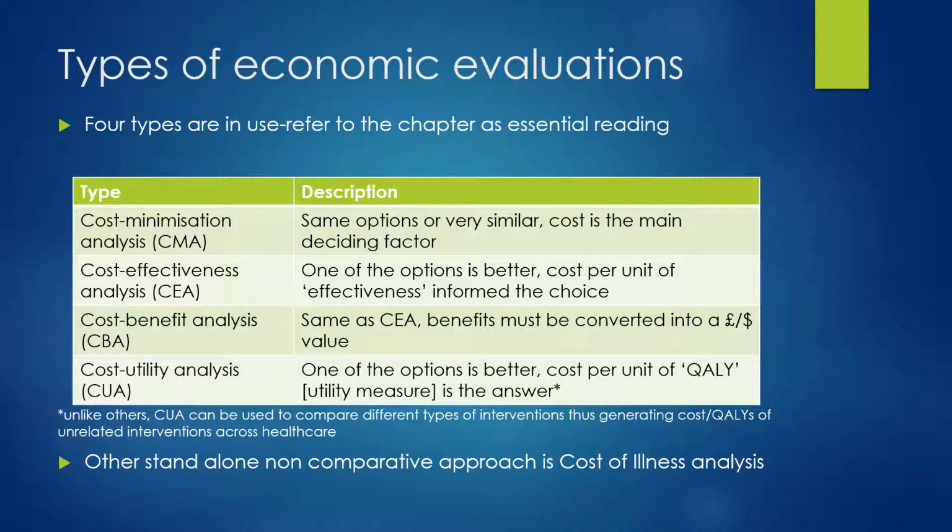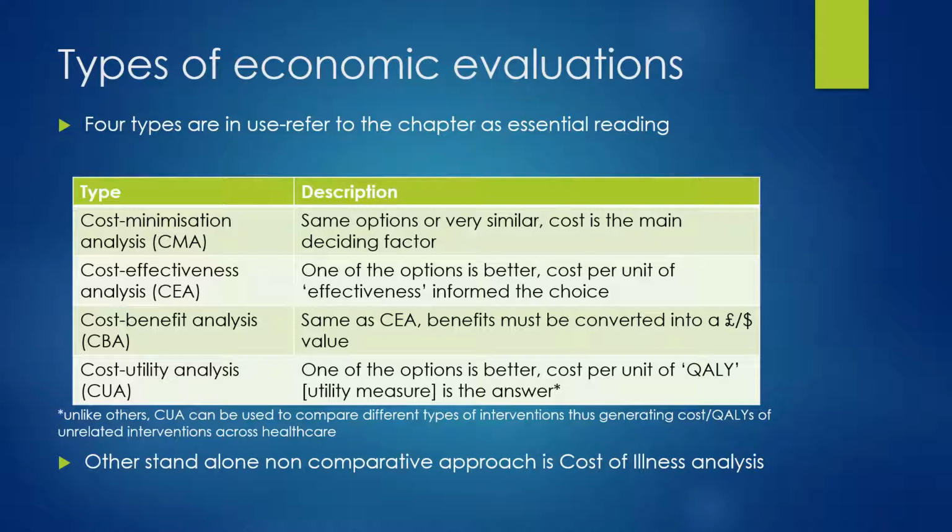When it comes to cost effectiveness analysis, we are comparing two treatment options. One is definitely better. It has proven to be better. It gives better efficiency. For example, a new drug is able to decrease hospital admission, or another new drug is able to increase the quality of life compared to the other treatment.